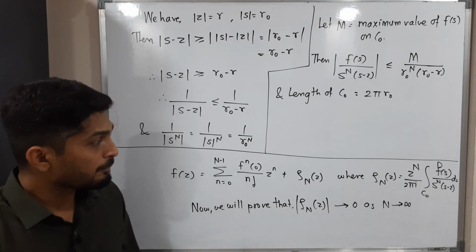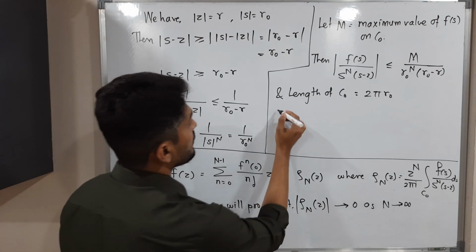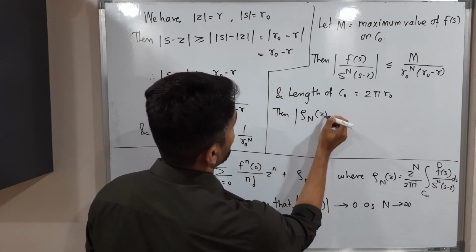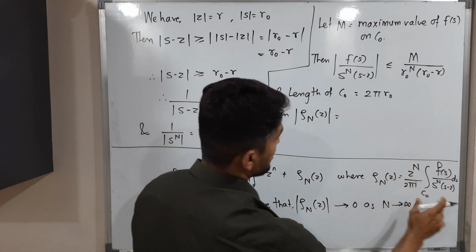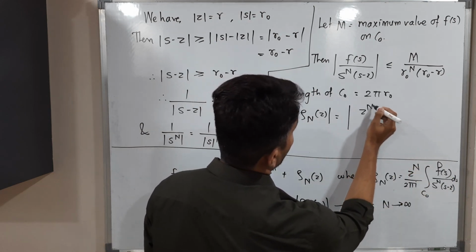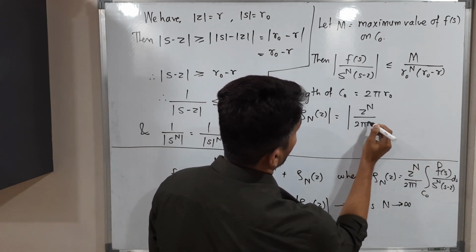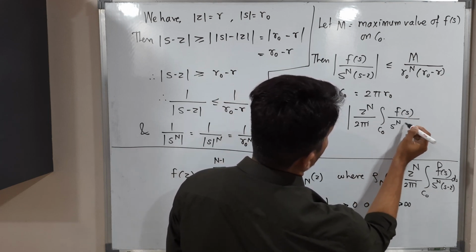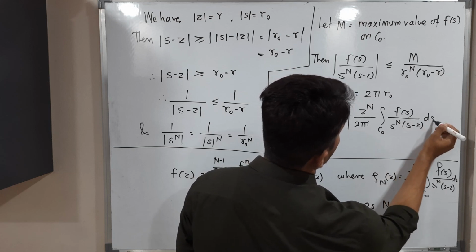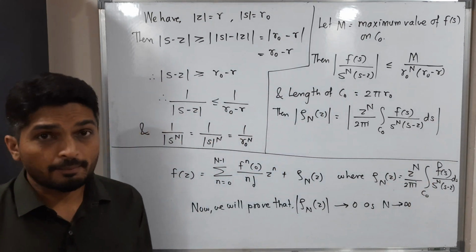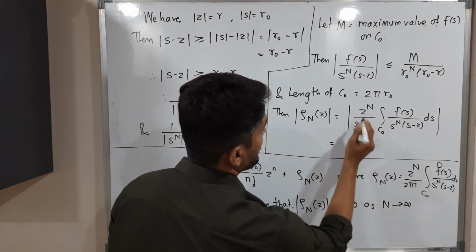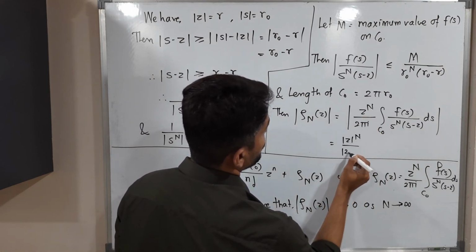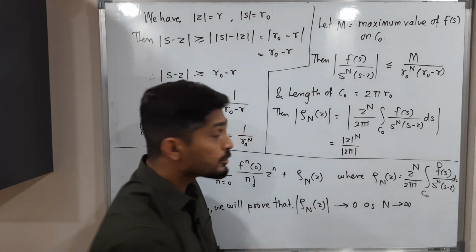Now it's time to consider the mod of rho n of z. This is equal to, let us take its mod, z raised to n upon 2 pi i integration over C naught f of s upon s raised to n, s minus z ds. Here we can take separate mods: mod z raised to n, mod 2 pi i.